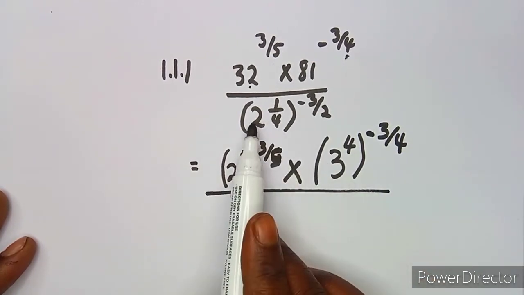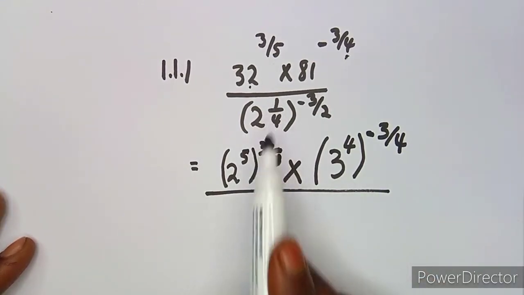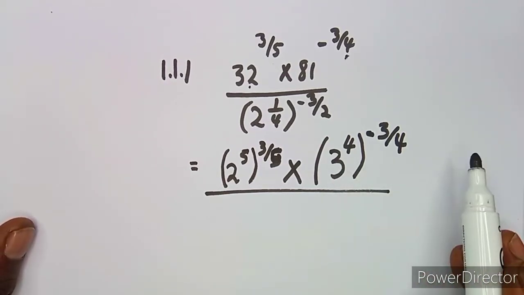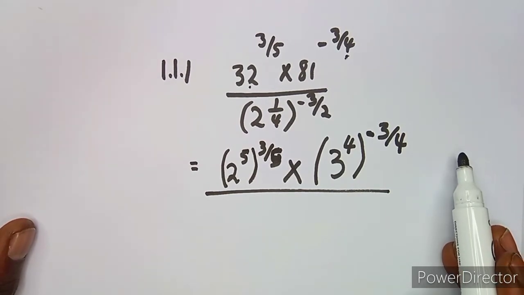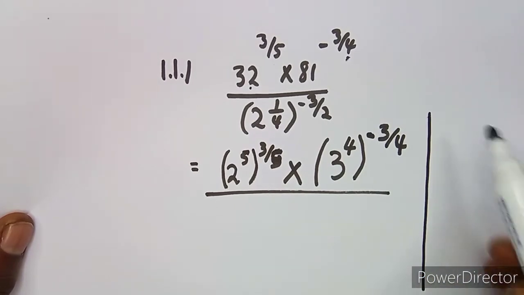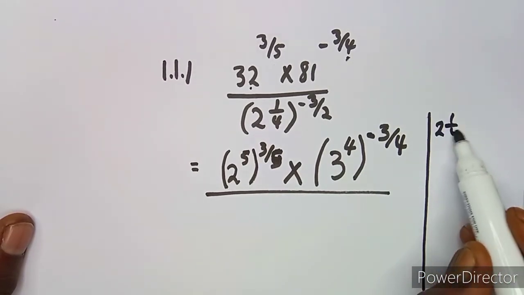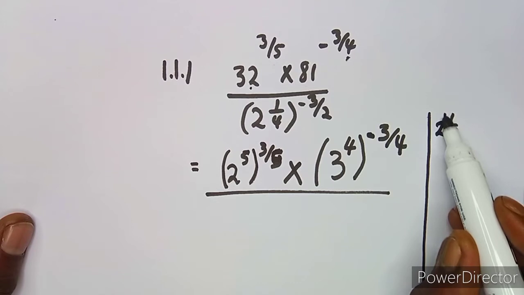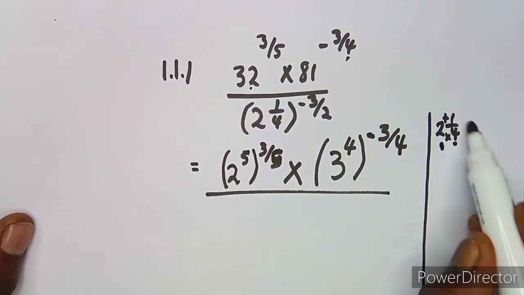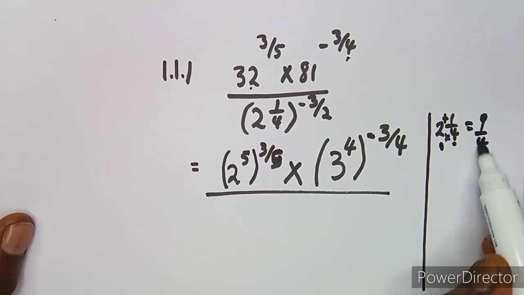Over in this case, we have 2 and 1 over 4. This is a mixed fraction, so you have to rewrite it as an improper fraction, which gives us 9 over 4. You can multiply then add: 4 times 2 is 8, plus 1, which is 9 over 4.